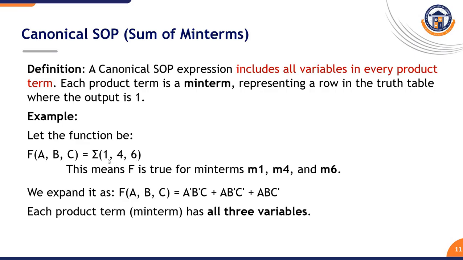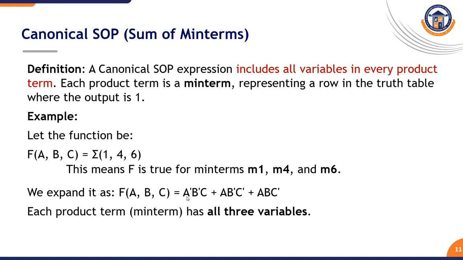This is represented with the notation M1, M4, M6 minterms. Since these are all minterms, we expand this minterm, that is 1 can be written as 0, 0, 1 in the 8421 code.